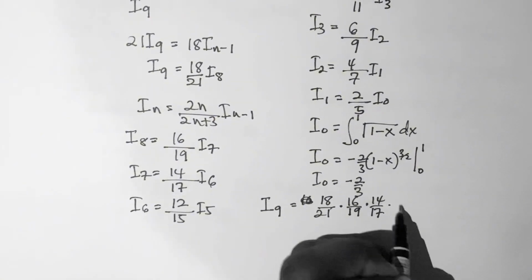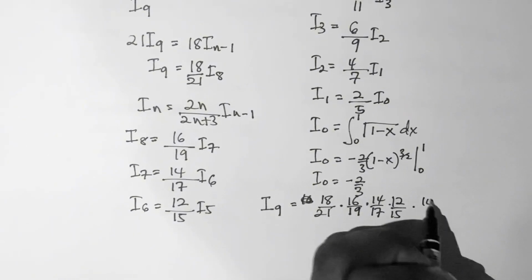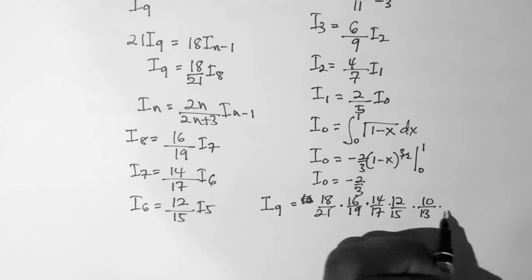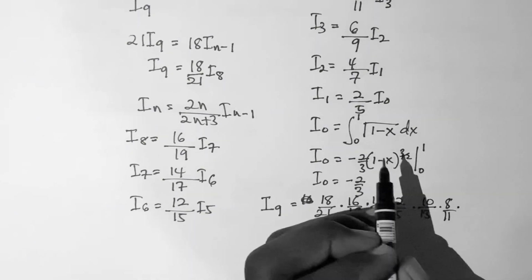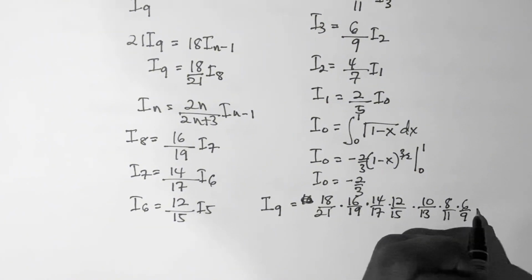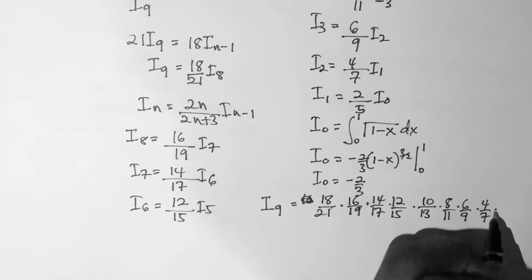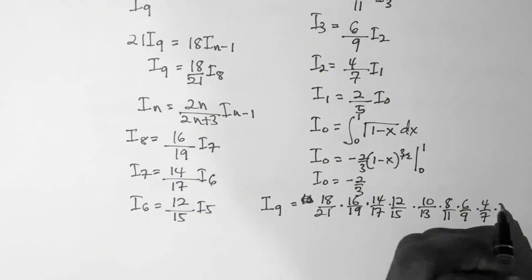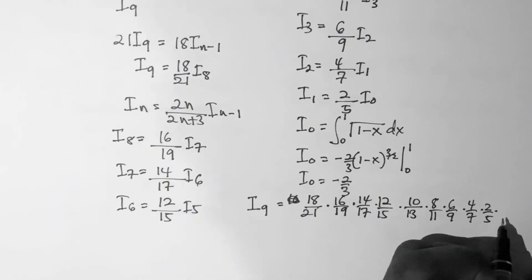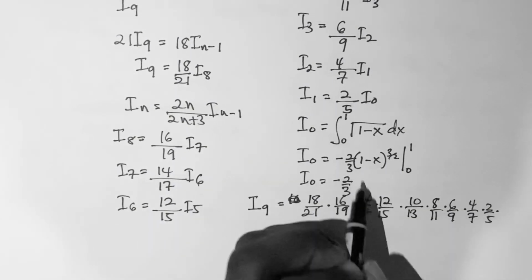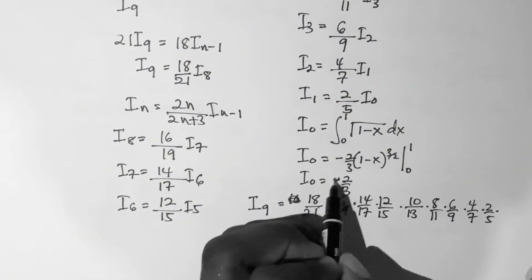I of 6 is 12 over 15, I of 5. And I of 5 is 10 over 13, I of 4, which is 8 over 11, times I of 3. I of 3 is 6 over 9, times I of 2, which is 4 over 7. Then times I of 1, which is 2 over 5, times I of 0. And this I of 0 we got as, sorry, here is not minus, here is plus, because it became minus, so here is 2 over 3.